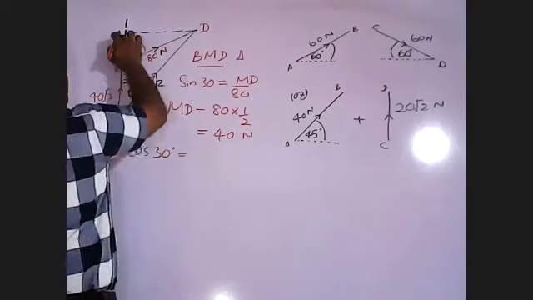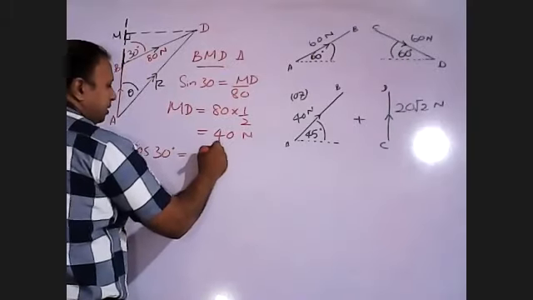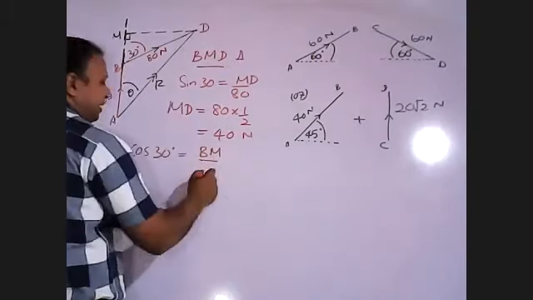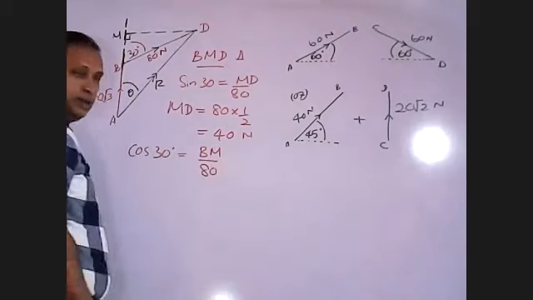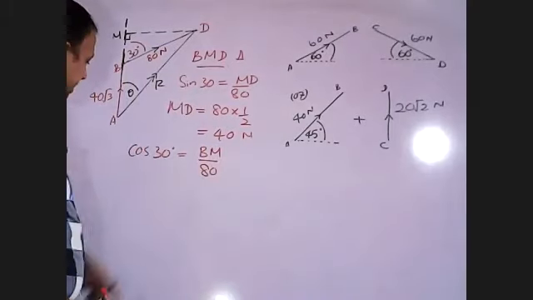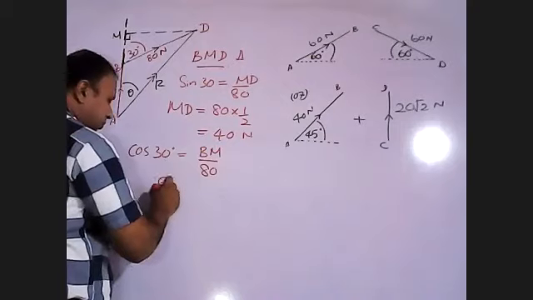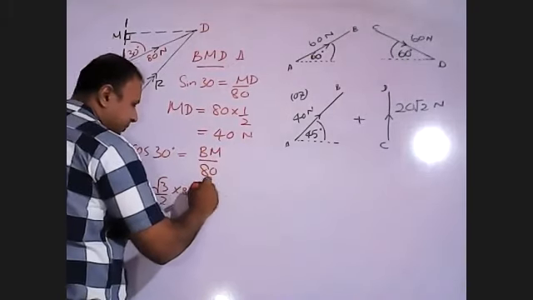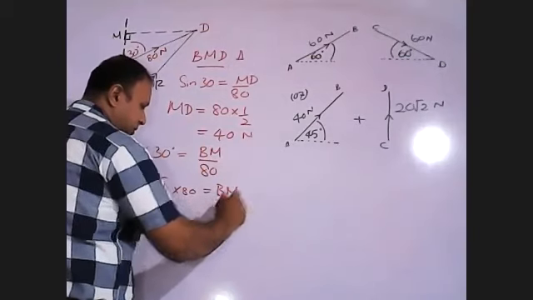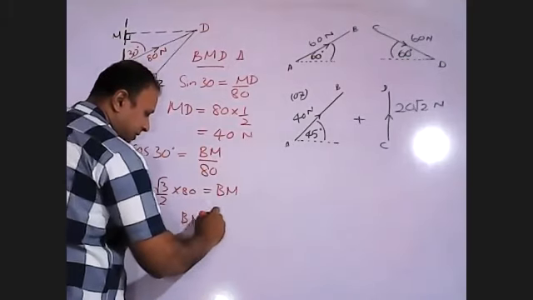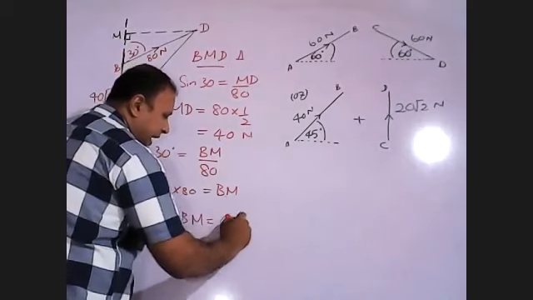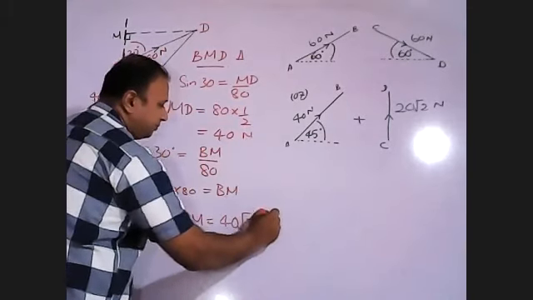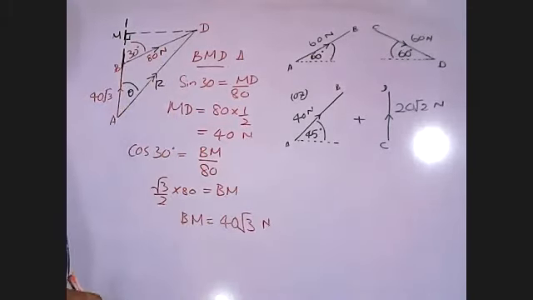Cos theta is adjacent side BM over hypotenuse 80. Cos 30 is equal to root 3 over 2. So root 3 over 2 into 80 is equal to BM. So BM is equal to 40 times root 3 Newton.